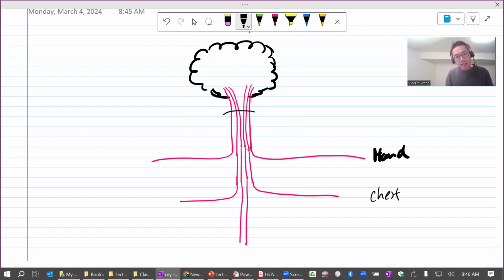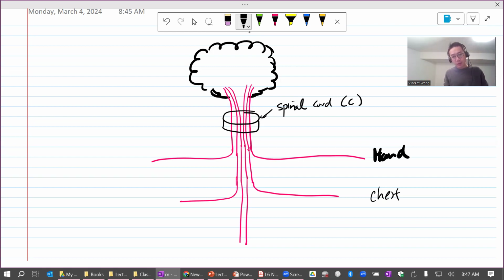So if you take a slice of spinal cord here, the C section, the cervical section, the neck, look at how many red lines there are. The red lines are tracks, right? That's the white matter. You have a bunch of white matter here because they haven't exited the spinal cord yet.